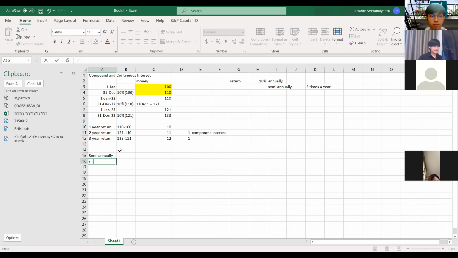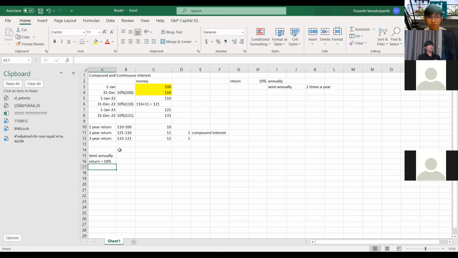Now this is an example for the semi-annually. As I told you, this 10% return will be divided into 2 times, right?